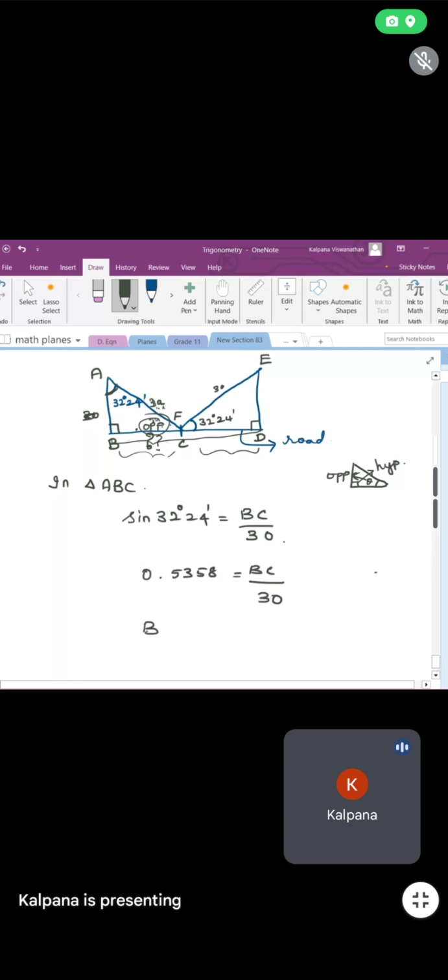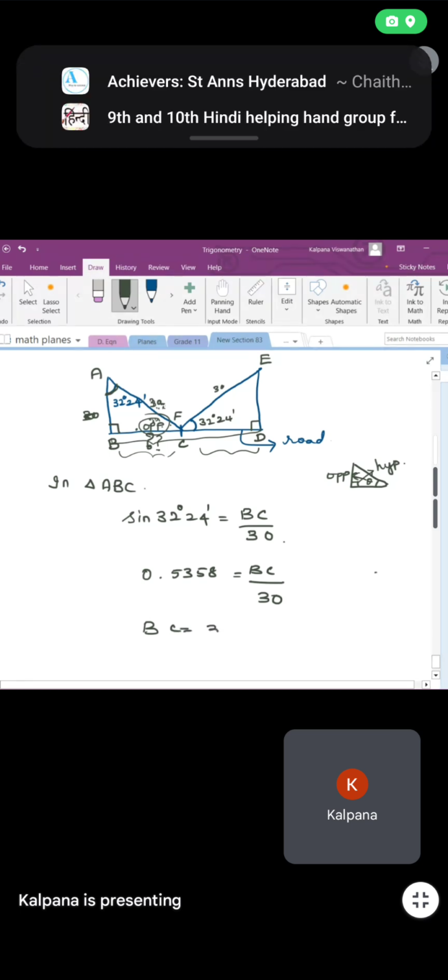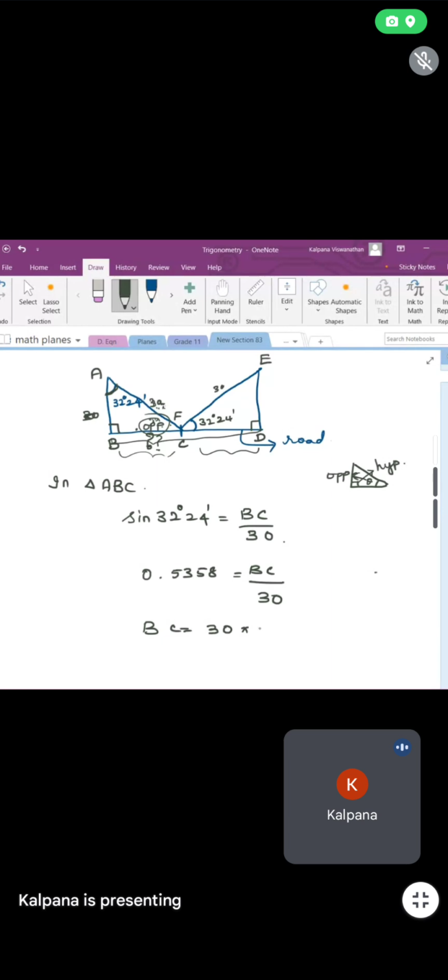Now BC is equal to 30 into 0.5358. Okay, that you can find the value.